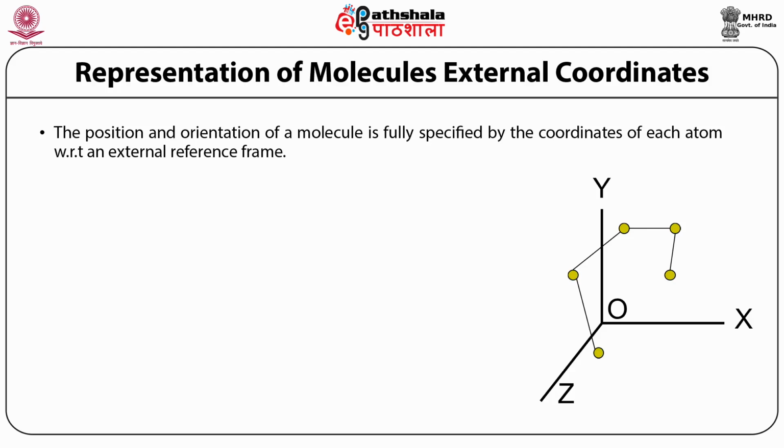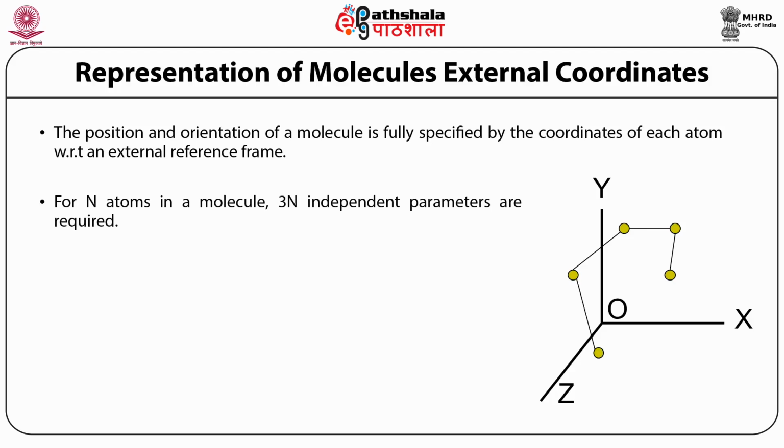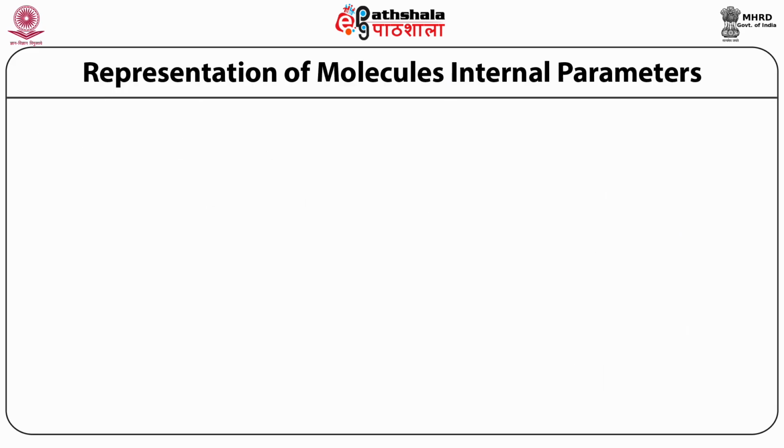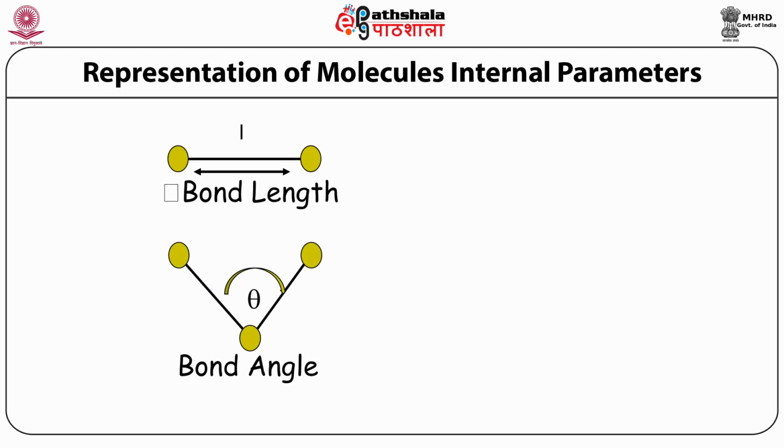So if every atom has three coordinates to specify it, and there are n atoms in a molecule, we would require 3n different independent parameters to describe the molecule. Now, there are other ways to do so also. Say, for example, I can take a molecule and specify all its bond lengths, all the bond angles, and something called the torsional angle.